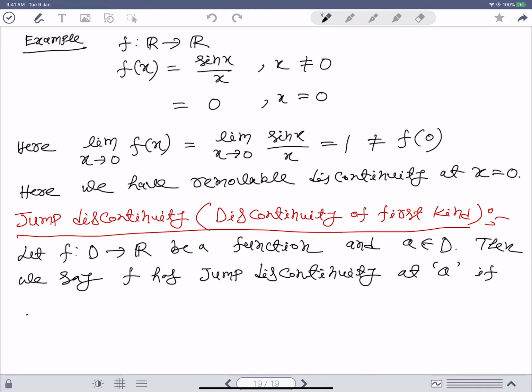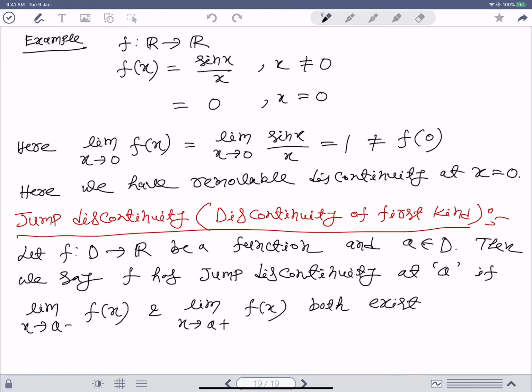That means if limit x tending to a minus f of x and limit x tending to a plus f of x, first of all both exist but not equal.